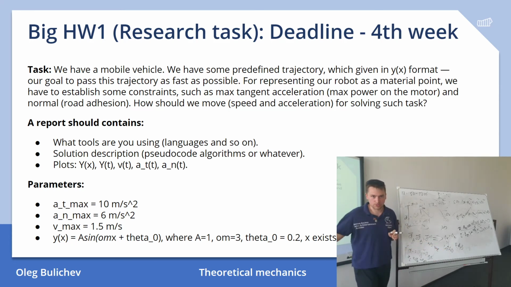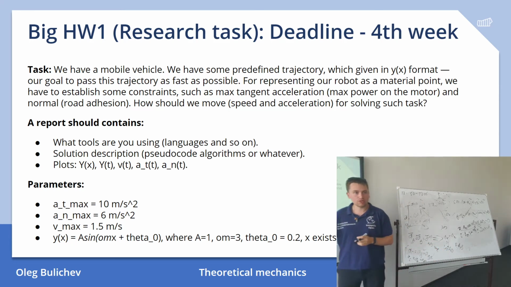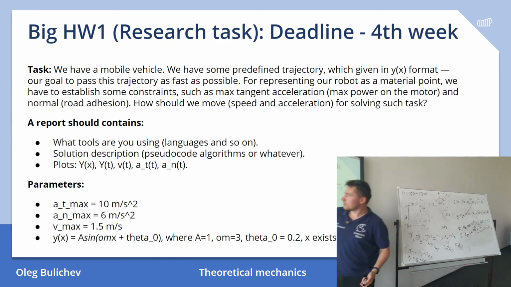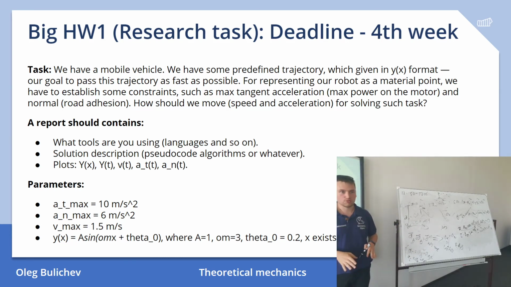It's quite important for this task. It's the reason why max tangential acceleration is provided by the max power of your motor. For normal acceleration, it's road adhesion, because we don't want to have drifting.